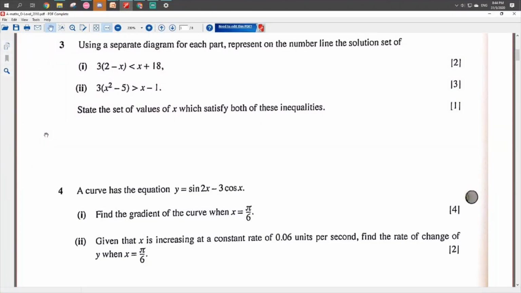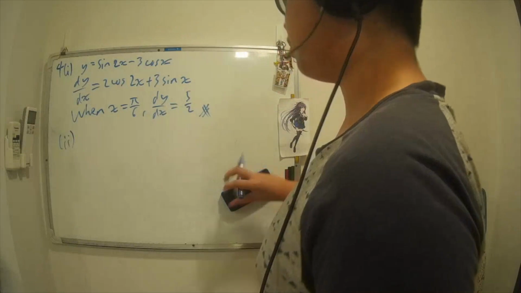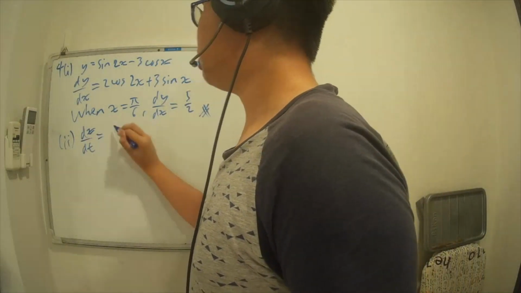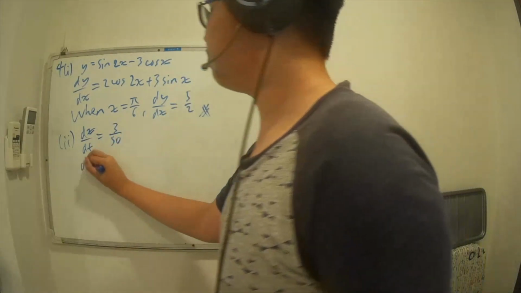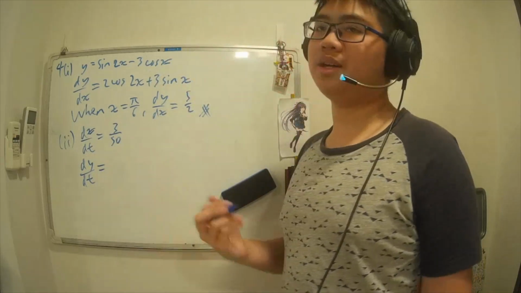Given that x is increasing at a constant rate of 0.06 units per second, find the rate of change of y when x is equal to pi over 6. That's also pretty simple. We know that dx dt is equal to 3 over 50, isn't it? So we find dy dt, right? So dy dt will be dy dx times dx dt.